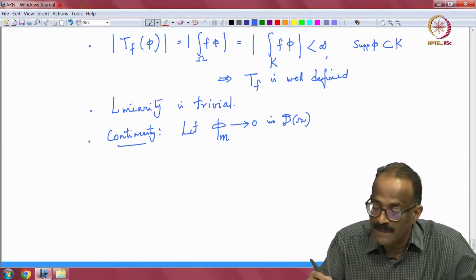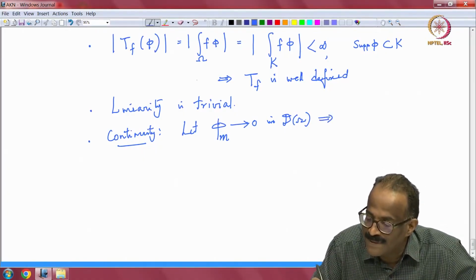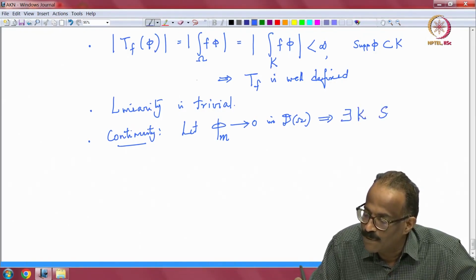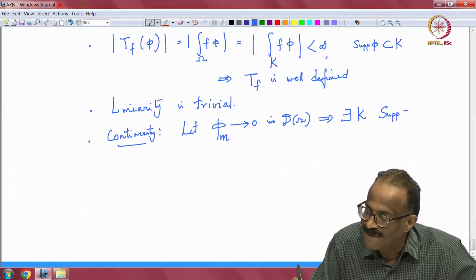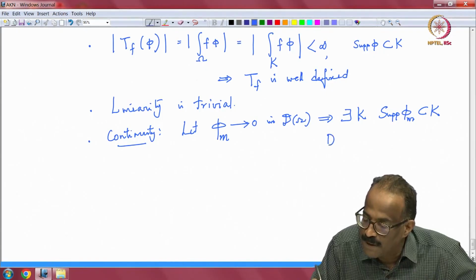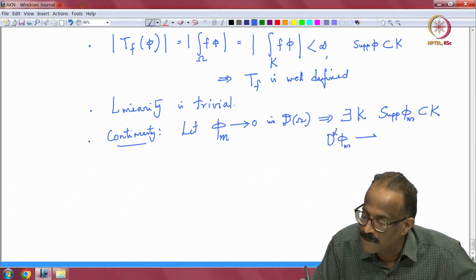Okay. So, this implies there exists K, the support of phi m is contained in K. You have to write down such steps, and D power alpha of phi m goes to 0 uniformly.